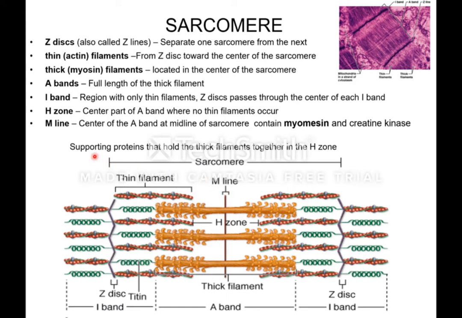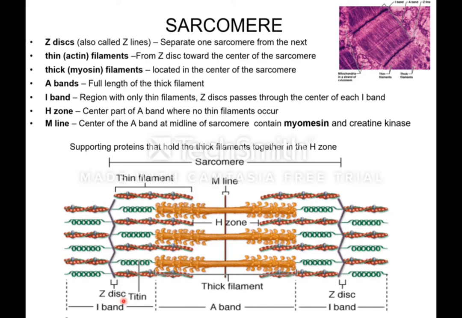There are some supporting, regulatory, or structural proteins that hold the thick and thin filaments to different parts. For example, myomesin is a supporting protein that holds thick filaments together at the midline here. There are other types of structural protein that I will explain one by one.